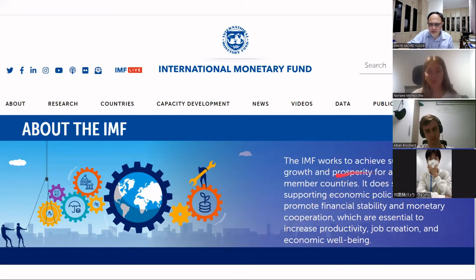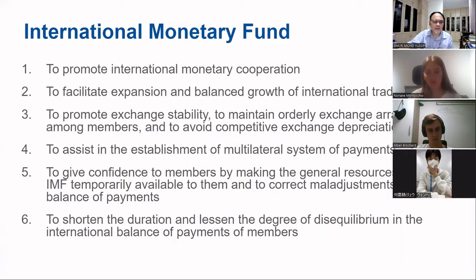IMF works to achieve sustainable growth and prosperity for all its 190 members. It does so by supporting economic policies, promoting financial stability and monetary cooperation to increase productivity, job creation, and economic well-being of countries. Okay, so you can see capacity development and so on. So these are the officially stated objectives of the IMF.